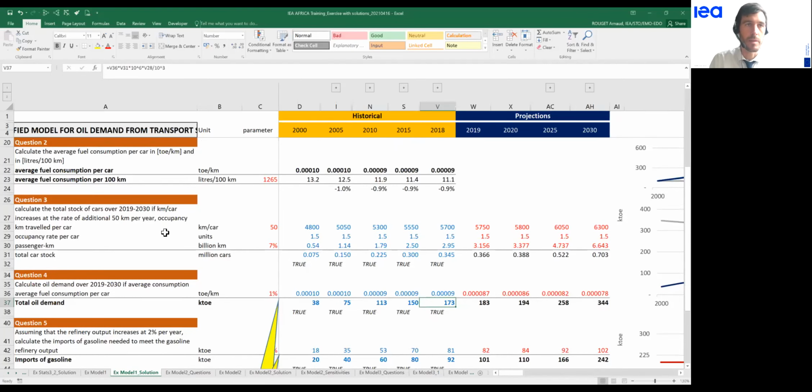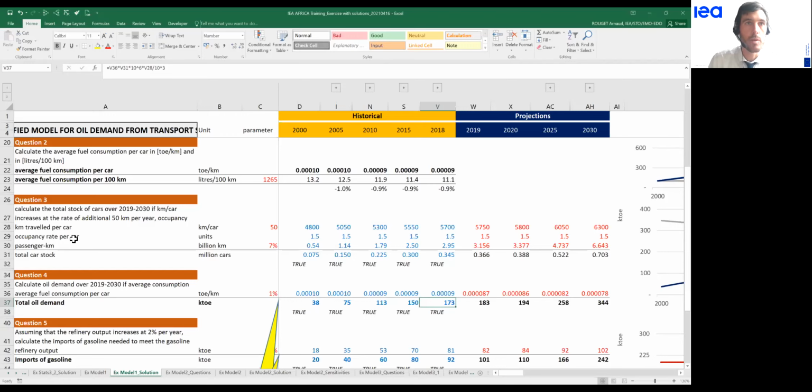And here what we'll try to do is to see how refinery outputs would evolve and how imports of gasoline would evolve consequently, because whatever we are not able to produce in the domestic refineries for the domestic market, we will need to import so that we can match the demand for oil products.